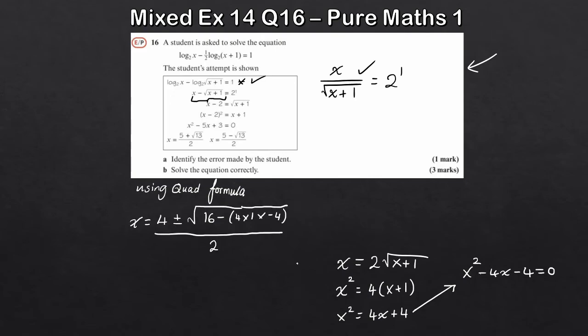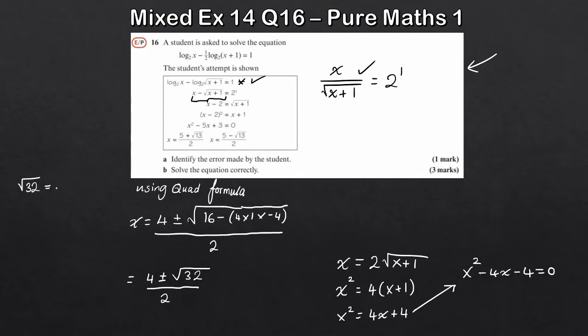And then at this stage here, we just need to start simplifying. So x is equal to 4 plus or minus, in fact, if we just do it in one step here, this will be 16 minus, so this will be minus 16, so that'll be the square root of 32 over 2, which we could write now as root 32 here.